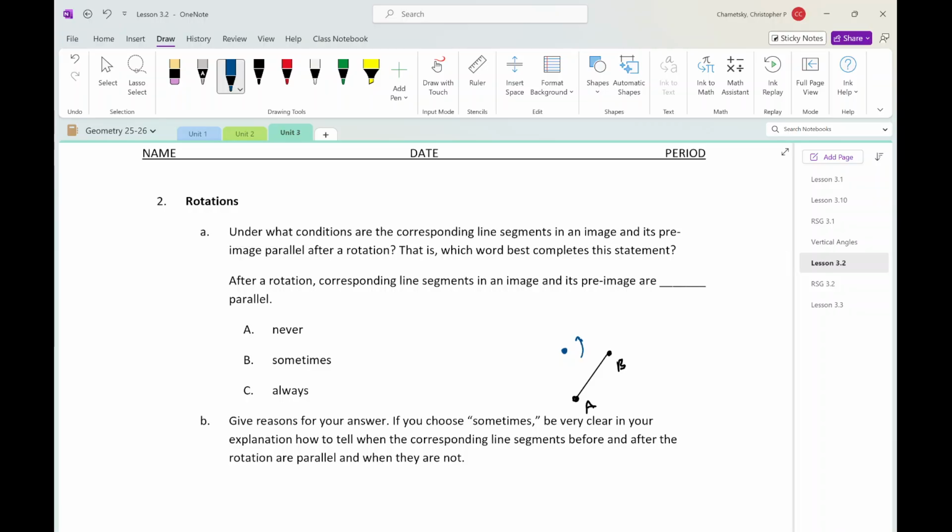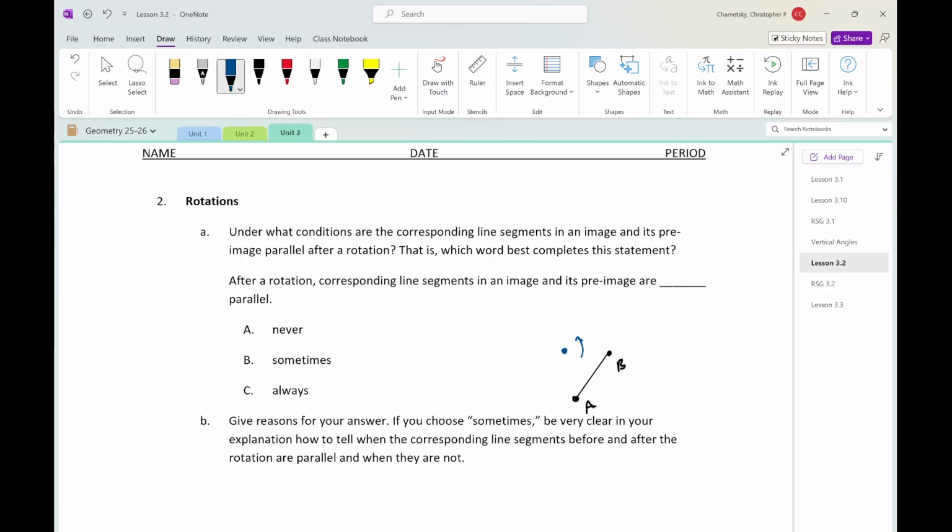If I turn it a little bit, or turn it 90 degrees, our image is going to be turned. But there is a special case, a certain number of degrees we could rotate where we'll end up parallel. And I don't mean 360, because that would put us in the same spot.